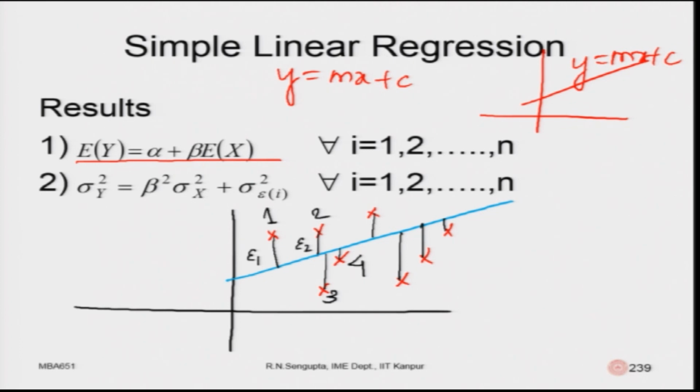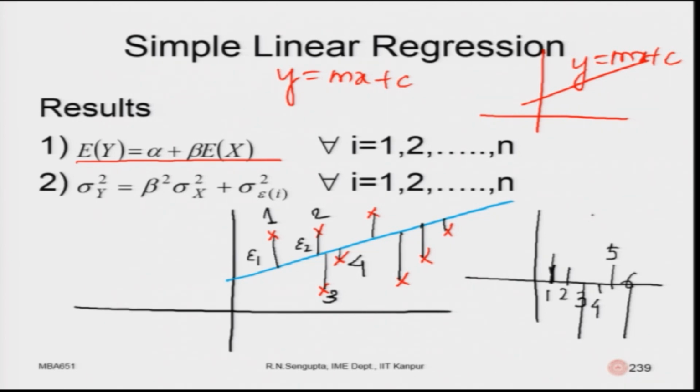Now, if you consider the errors as such, these are the errors. So, technically if I draw the errors, there is some positive error. This is the first one, which I will mark as 1. The second one is also positive here, third one is negative here, fourth one is negative here, fifth one is here, sixth one is here, and so on and so forth.